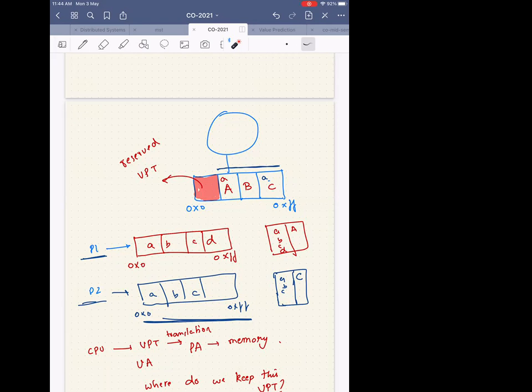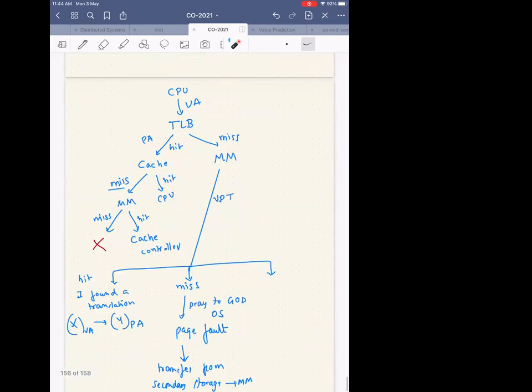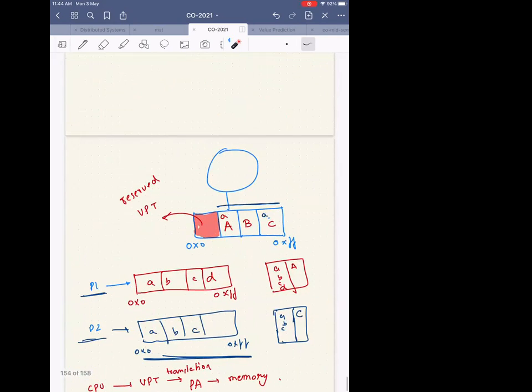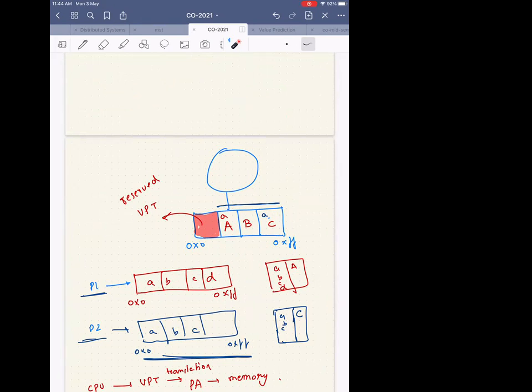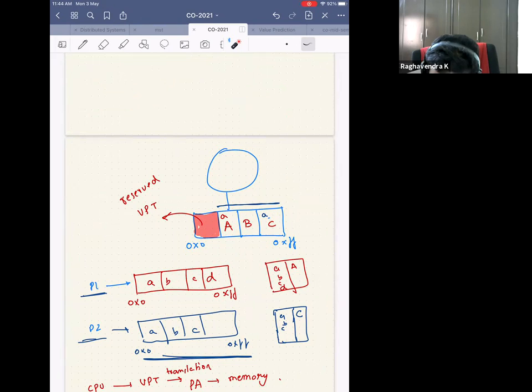Yes, sir. Okay. So now what I'm asking is, sir, even if the small d is accessed sometimes, still it might not be in the reserved space, right? No. Let's not call it reserved space when you are saying virtual page table. See, when this small b is accessed, it is accessing whose memory?